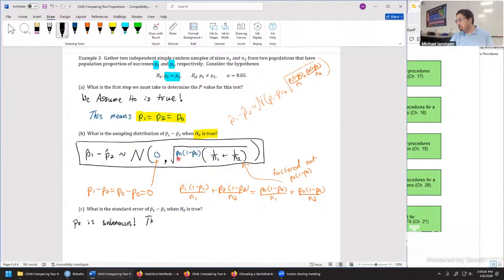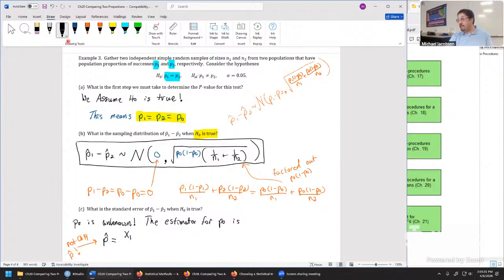The estimator for P naught is called P hat. That's kind of a concern because this is not the chapter 19 P hat. Not chapter 19 P hat, and that deserves an exclamation mark. This is a pooled sample proportion of successes.